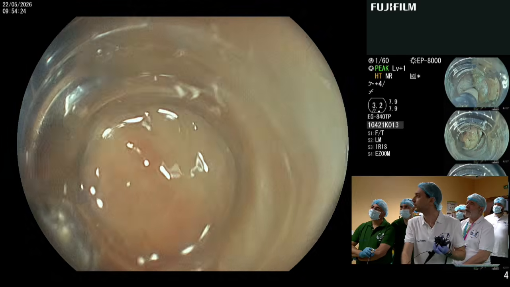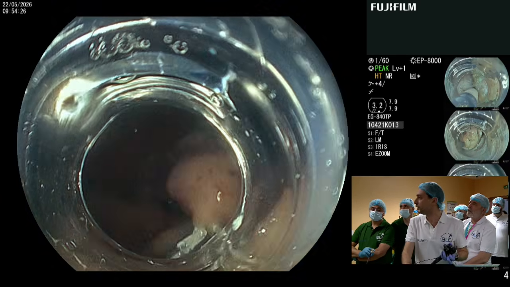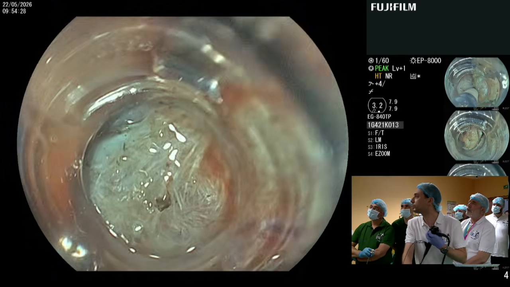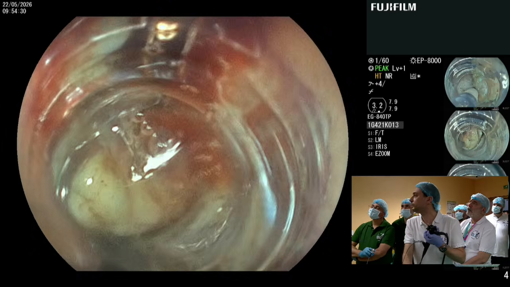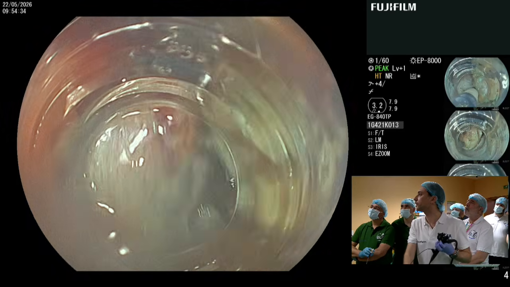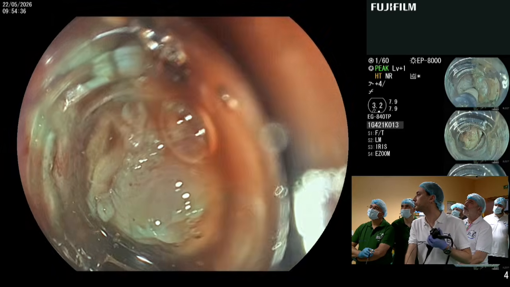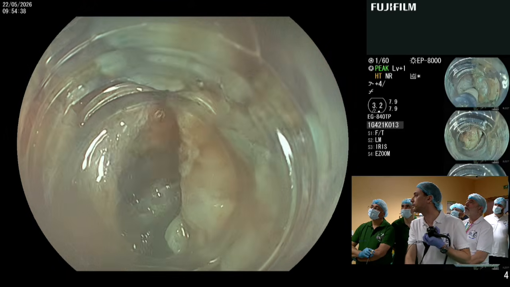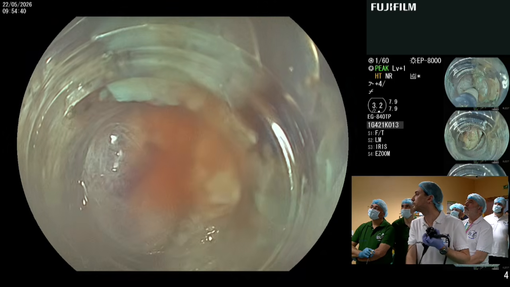A little bit more traction. Yes, we need traction. I have to identify the remaining bundle that has to be cut. Okay, so here we are.